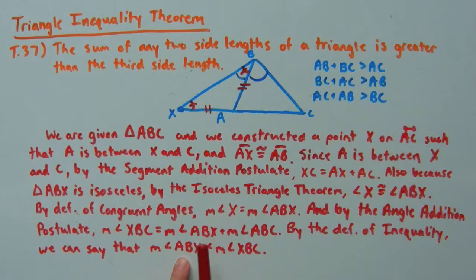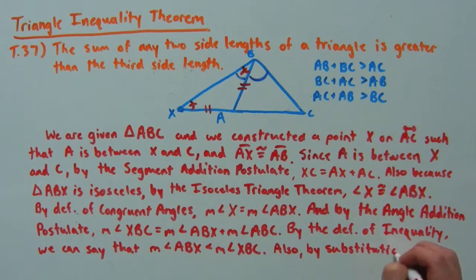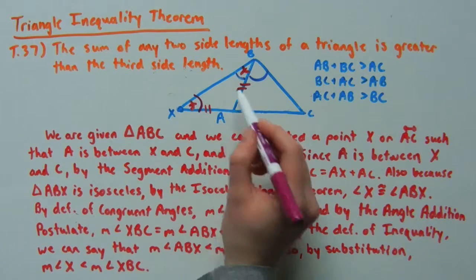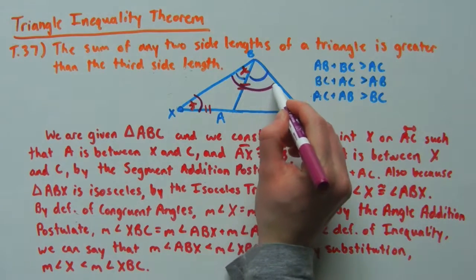Remember that we said that the measure of angle X was equal to the measure of angle ABX. So let's substitute the measure of angle X in for the measure of angle ABX. So this angle X is less than this angle XBC.